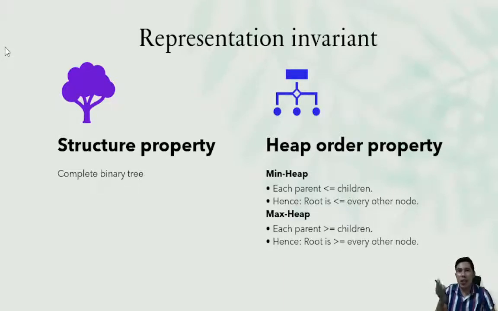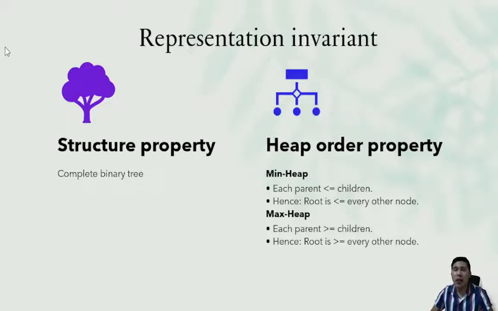So meaning to say, all the nodes in the tree should be completely filled from left to right in level order. So that's the structure of a priority queue. It must be a complete binary tree.